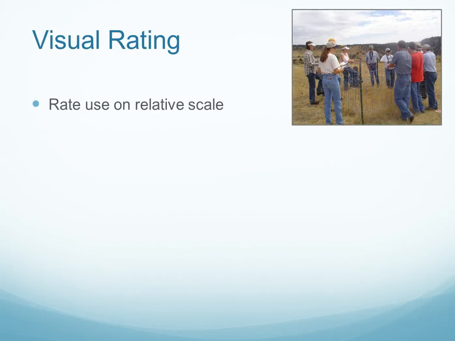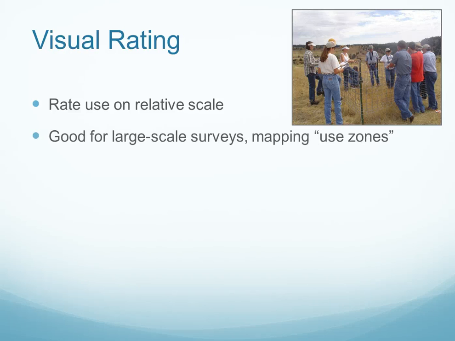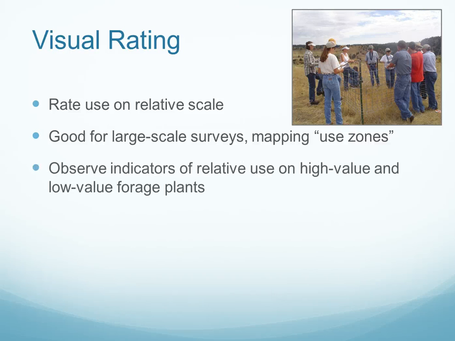The last method that we're going to consider is a visual rating method. Usually we rate the use of an area on a relative scale. And so it's good for large scale surveys or for mapping use zones.